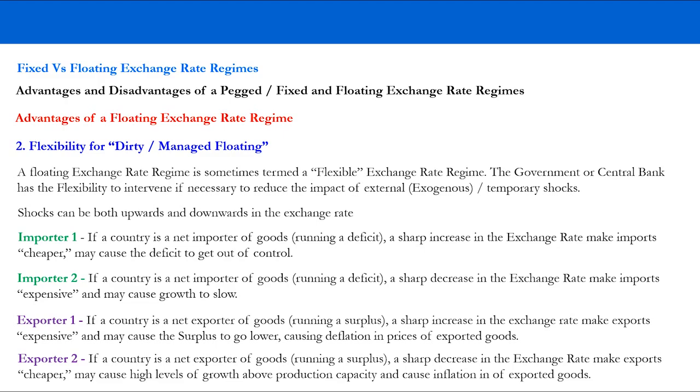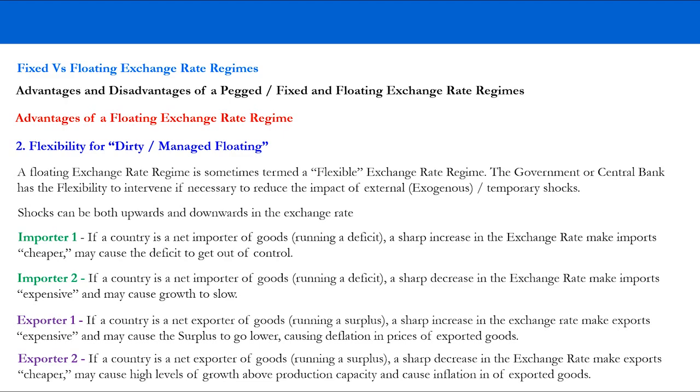What if you're a net importer running a deficit and there's a sharp decrease in the exchange rate? Well, this makes imports expensive and can cause growth to slow, because you can end up in a situation where the structure of your industry in your country imports the goods necessary as inputs to your manufacturing process.